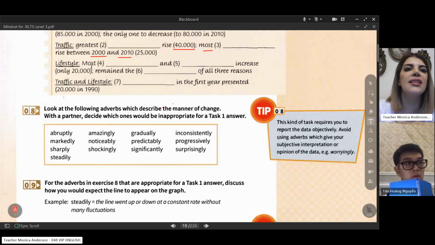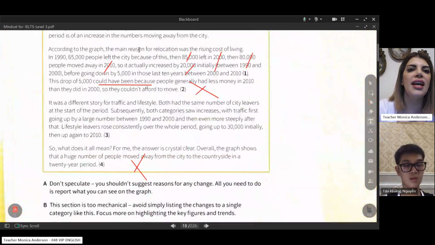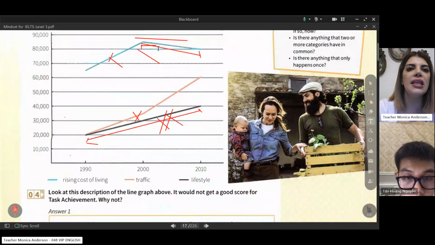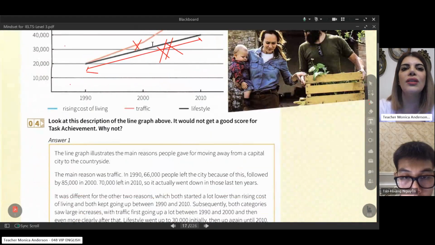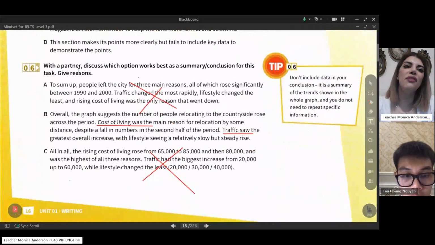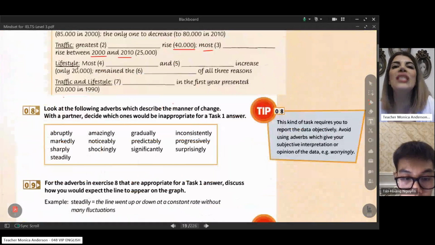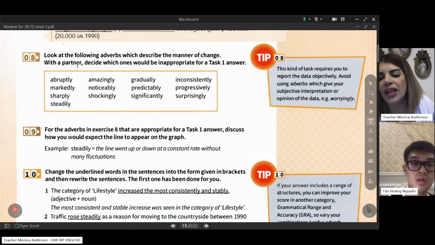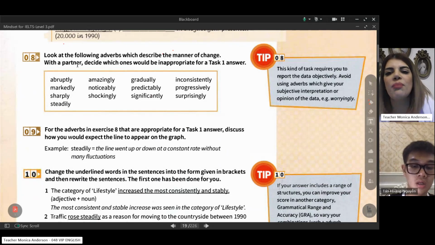For example, the same thing that we have here. As you can see in this part, we can see this decrease or this increase in comparison with different lines. This change shown by the line is visible, so we can say markedly.